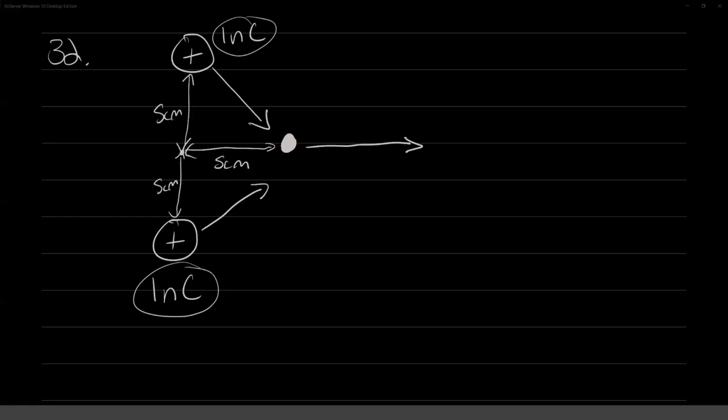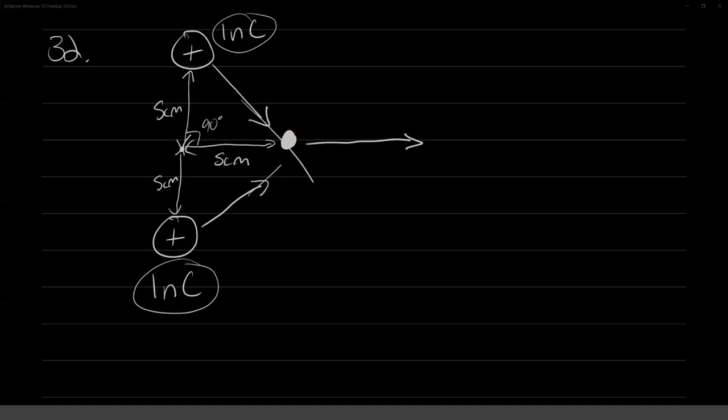We can figure it out by using trig. In this case, we know that these are 90-degree angles, so if this is coming in perfectly, these are going to be 45 degrees.